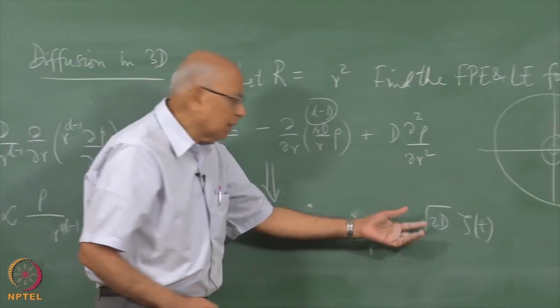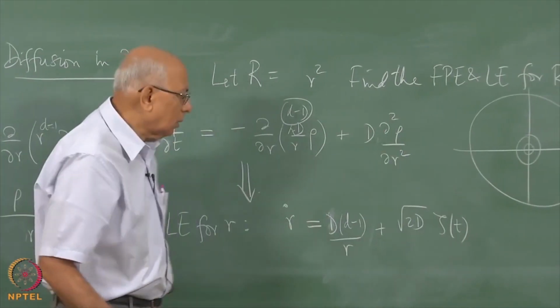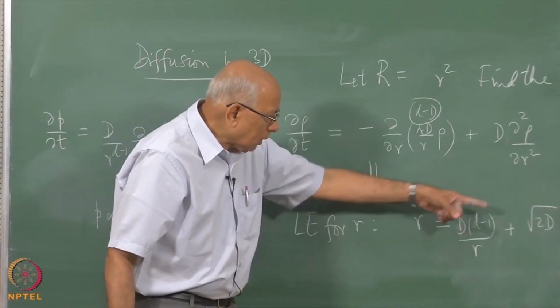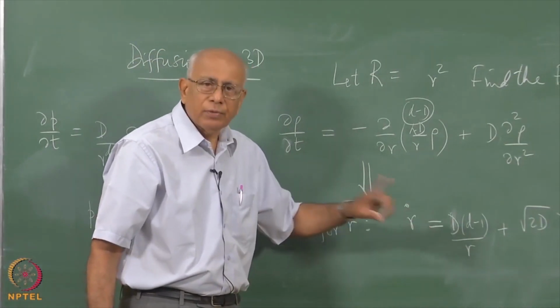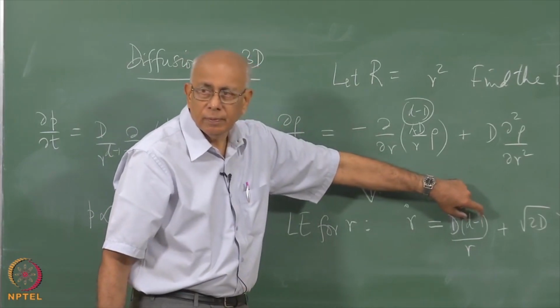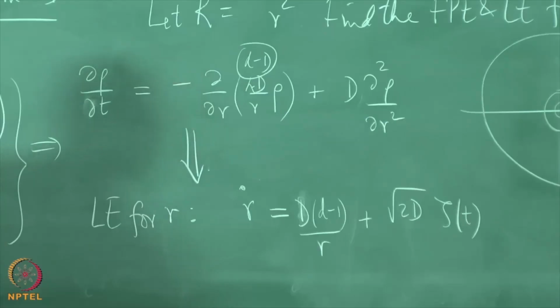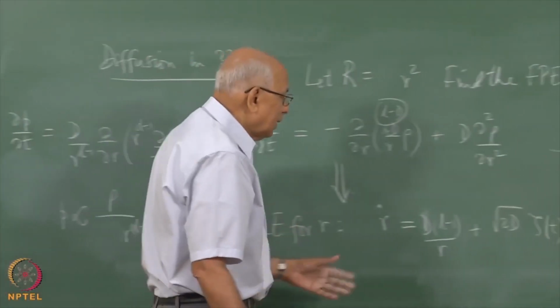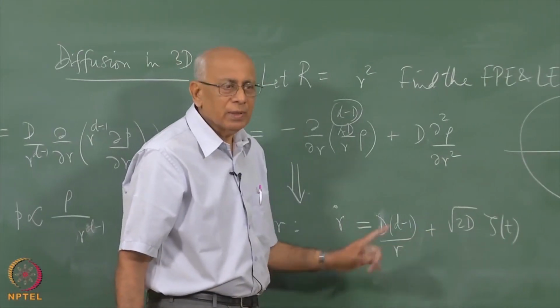I do not remember if this is going to change or not, but you can figure that out. This constant, but this 1 over r drift is still there, but this depends on this guy here. And of course it should be like this, because when d equal to 1 is the limit, there is no drift, there should be none.